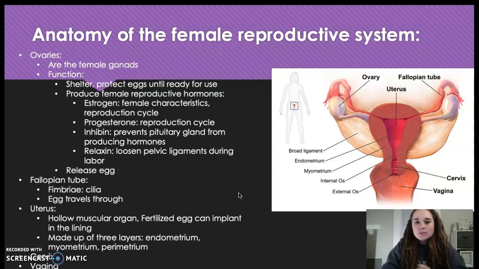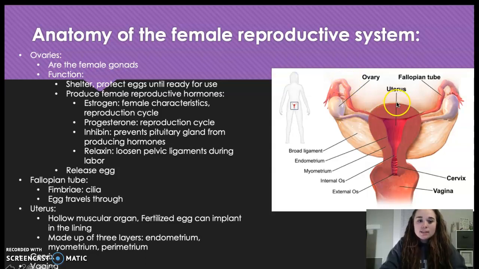Once this egg is released, you can see here it's released out of the ovary, and then you see these finger-like protrusions. These finger-like protrusions are on the fallopian tube, and they are called fimbriae. They are also lined with cilia, which help the egg to move down the tube into the uterus.